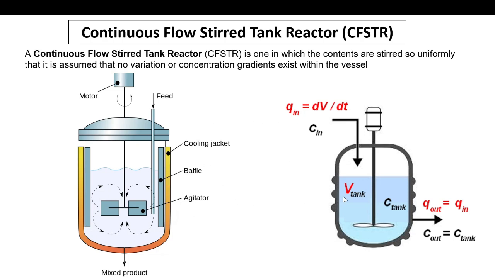There are certain parameters: what is Q in, what is Q out, what is V, what is C. C is the concentration, and the concentration will always remain constant. The rate of change of concentration will remain constant. So C out is equal to C in the tank.